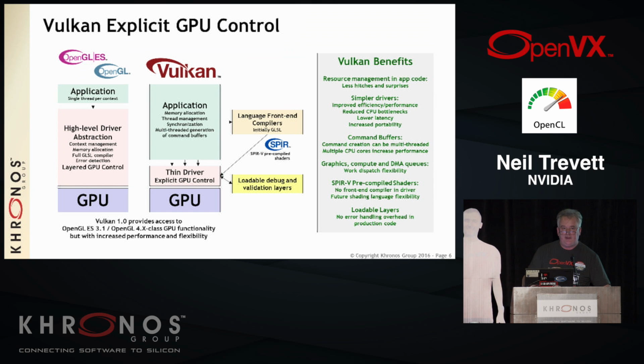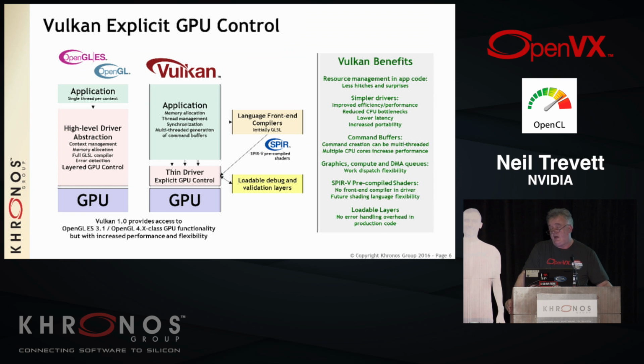SPIR is the intermediate representation that Khronos has that is on the verge of actually changing that and letting Vulkan use a much wider range of shader languages. But it certainly means that with SPIR being the only language that the driver understands, we don't need to have the GLSL front-end compiler in the Vulkan driver anymore, unlike OpenGL, so that's a big saving.